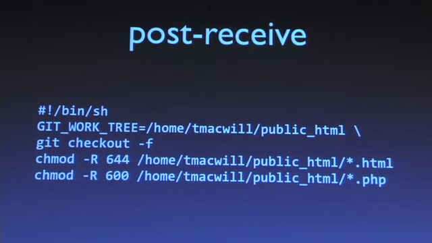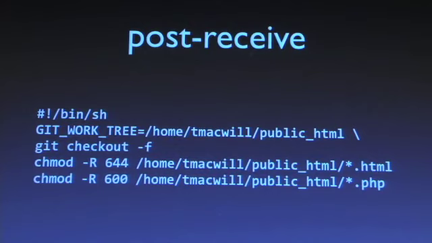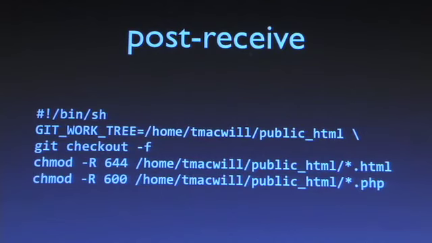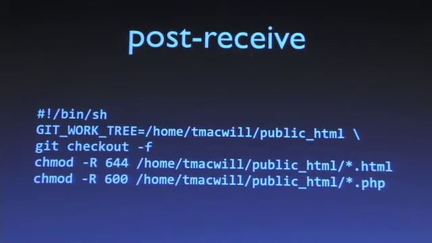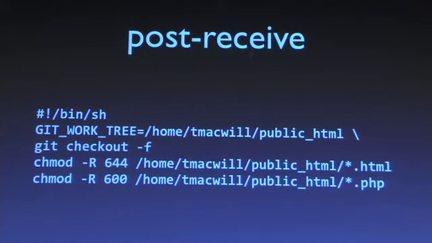So if my repo is just some folder in my home directory, and I push to that, then every time I make a push, I want to replace all the files inside public_html with the most recent versions inside of the repository. That's what this git work tree is doing. It says I want you to check out into this directory, so not into right here, but instead move all the files into public_html.